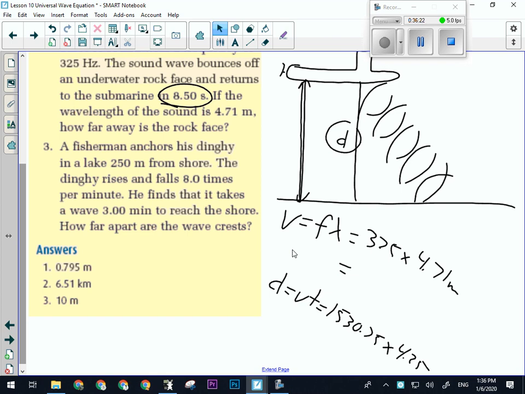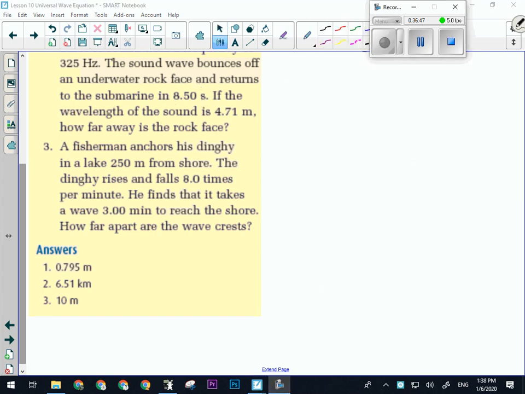Wave crests are always one wavelength apart. That's what you're being asked to find. The distance between 2 crests, 2 troughs, or any 2 equal successive points on a wave is the wavelength. They're giving you some information that can help you find that. I'm going to give you a couple minutes on number 3, and then we'll go over that one.